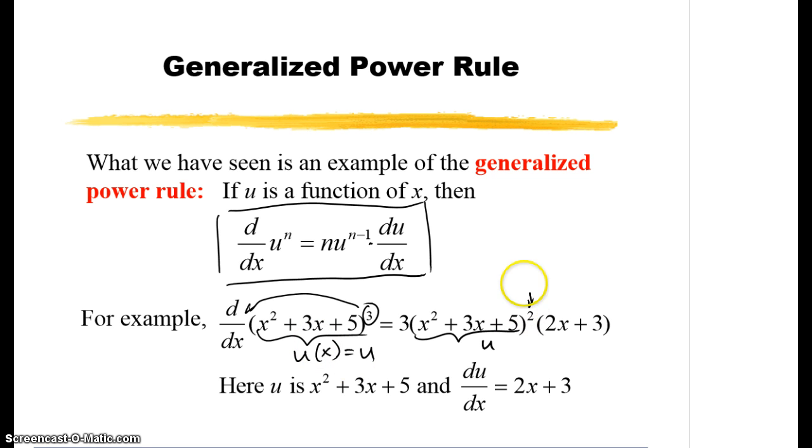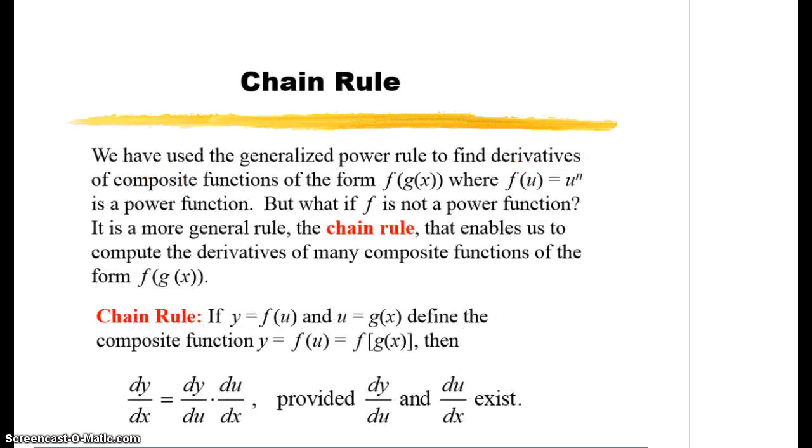You subtract 1 from the power, just like before, and now you have to make sure you multiply by the derivative of your base with respect to x, the derivative of our function u with respect to x. Since u is x squared plus 3x plus 5 here, its derivative is 2x plus 3. That's how we obtain the 2x plus 3 in the answer. And that's the generalized power rule.